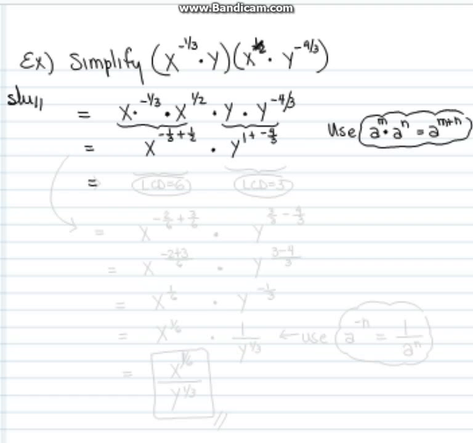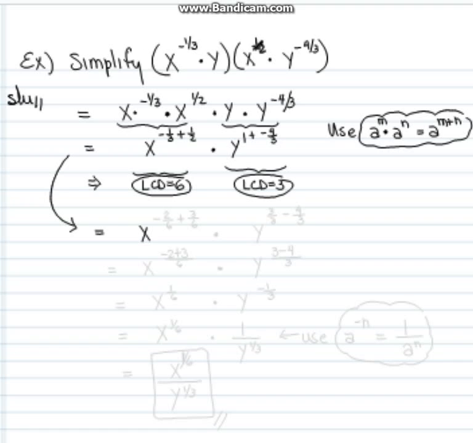So I can't add these numbers until I get a common denominator. Here I see that the LCD for the x is equal to 6, so I'm going to rewrite the fractions to get the LCD on the bottom. And I see that the LCD for the y's is equal to 3. So I'm going to rewrite both of the exponential fractions with the LCD on the bottom.